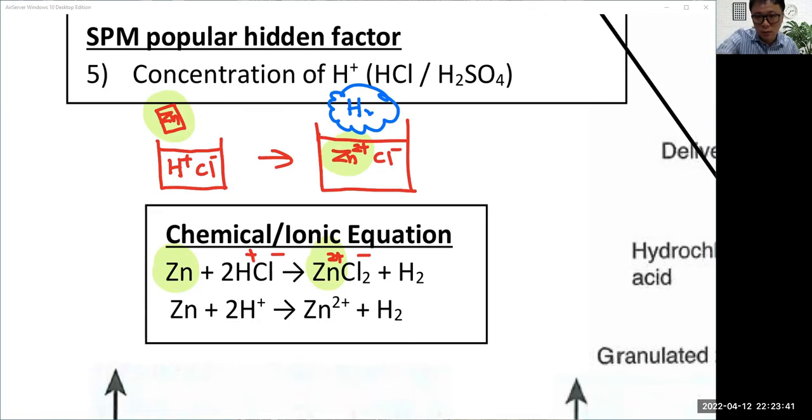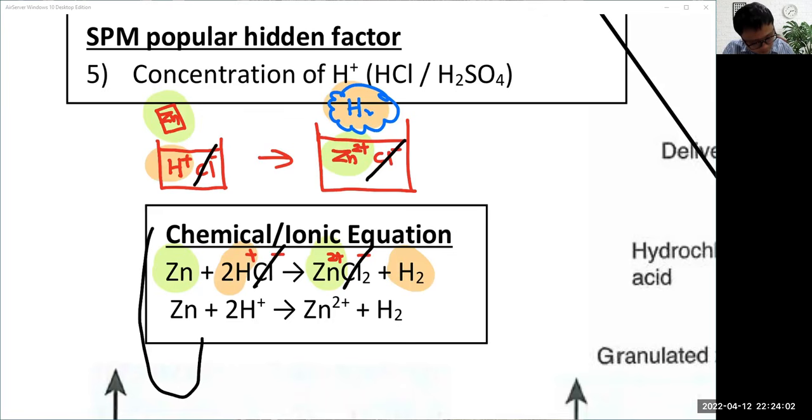The hydrogen ion has changed to hydrogen molecule, which is gas. Then the chloride ion: before is Cl minus, after is Cl minus, still in solution, so there is no change here. So in my ionic equation, I will cancel it.